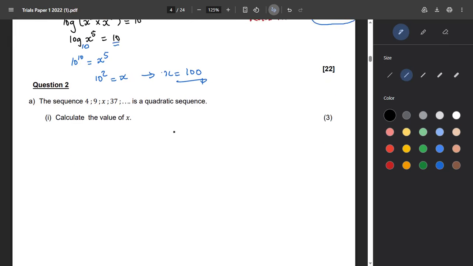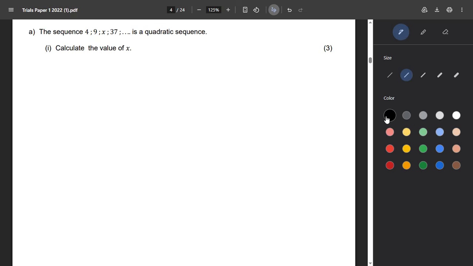Okay, next one, it has to do with sequence. They say that the sequence is quadratic, and they want us to solve for x. Remember, a quadratic sequence has a second constant difference.